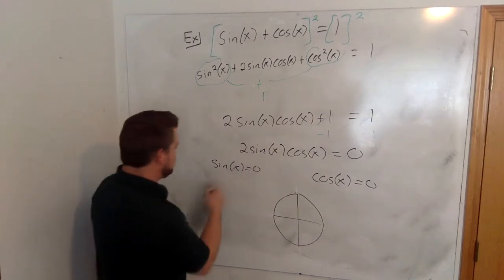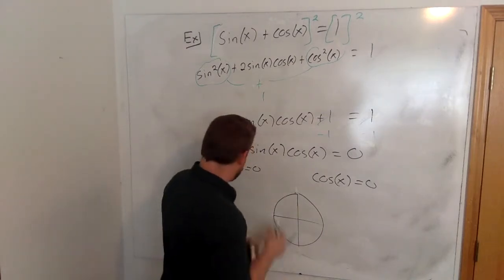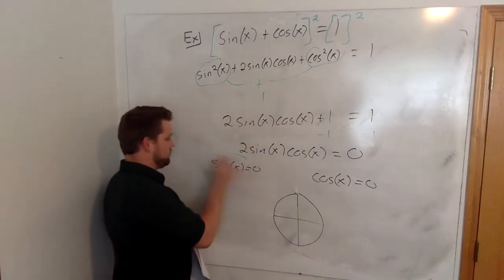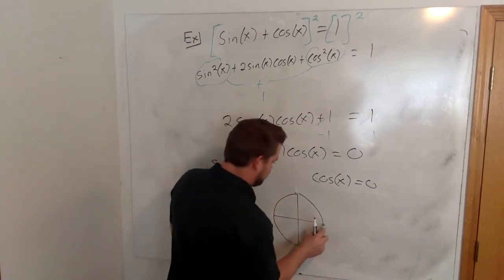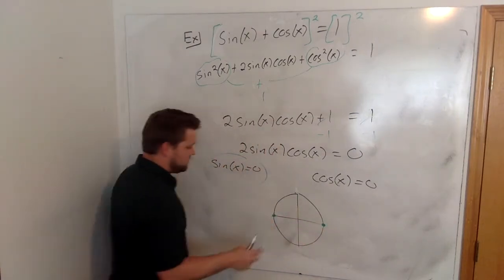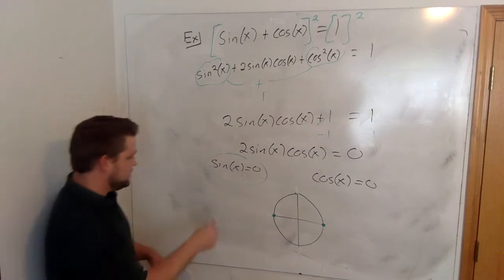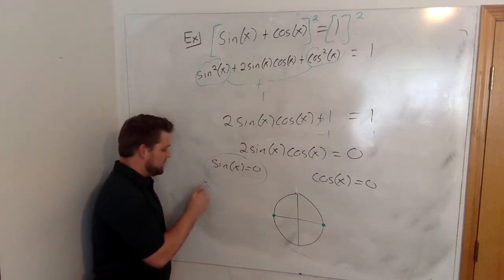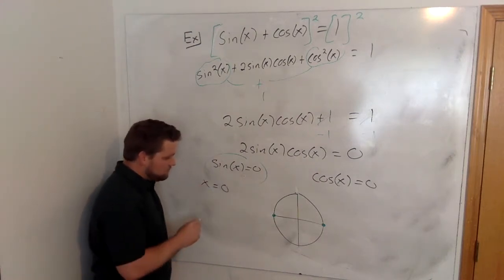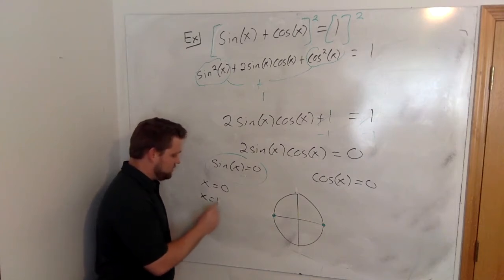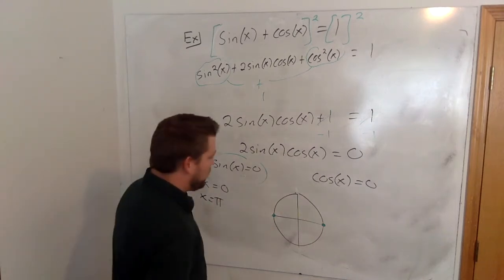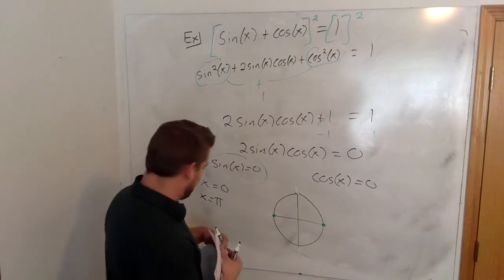Okay, when is the height 0? Well, for this one, we do this one in green. Sine is 0 here and here. Let's write these down separately. So x could be 0, or x could be pi. When is cosine 0? When is the x-coordinate 0?